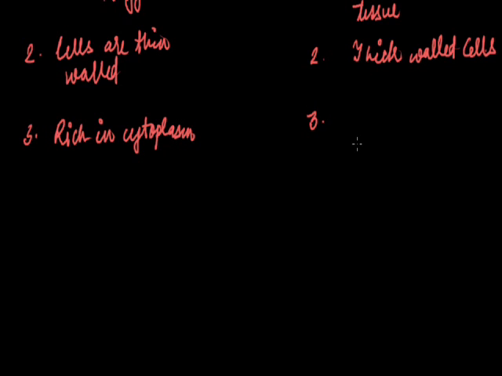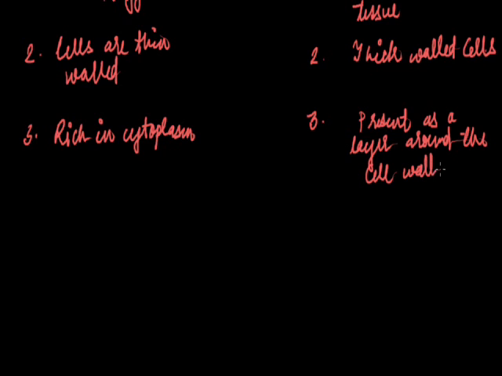But in the permanent tissues, the cytoplasm is present as a layer around the cell wall.